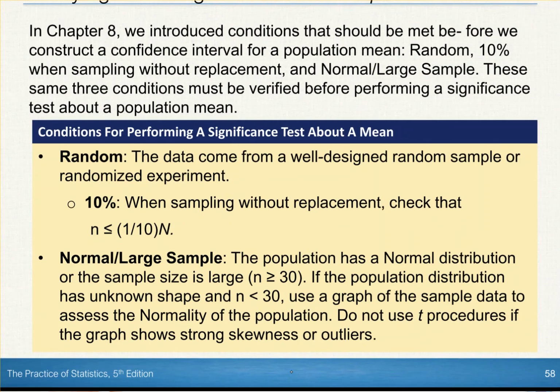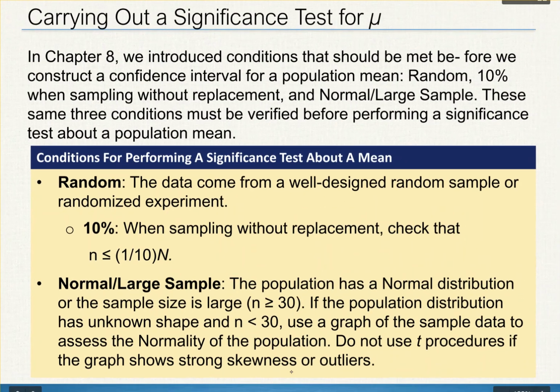The same conditions that are required for carrying out a confidence interval are still true for a significance test. It has to be a well designed random sample or experiment. If we're sampling without replacement, then it's got to be no more than 10% of the population size.